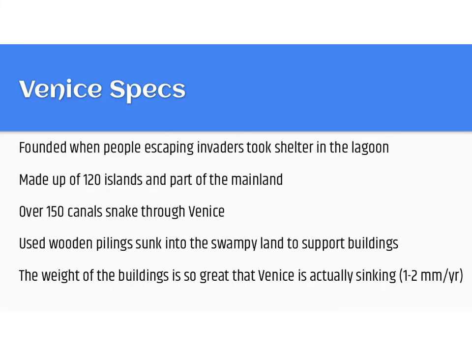So Venice was founded when people escaping invaders took shelter in what used to be a lagoon. A lagoon is sort of a fancy name for a swamp, basically. Swamps are places where you've got wetland mixed with dry land.